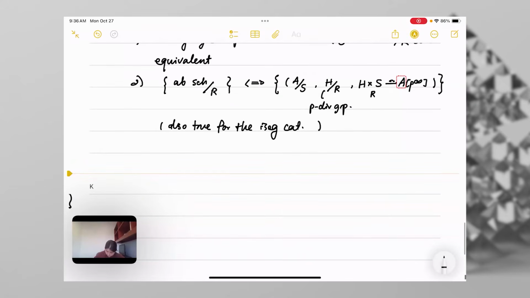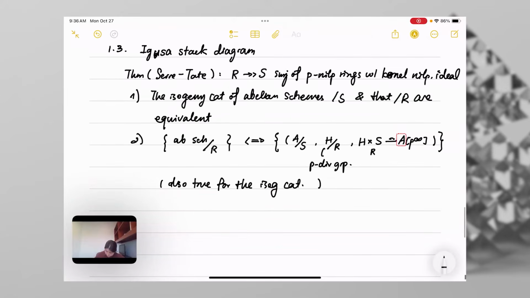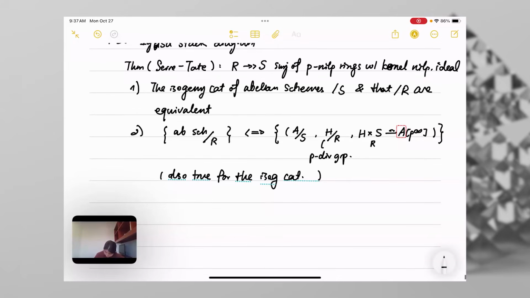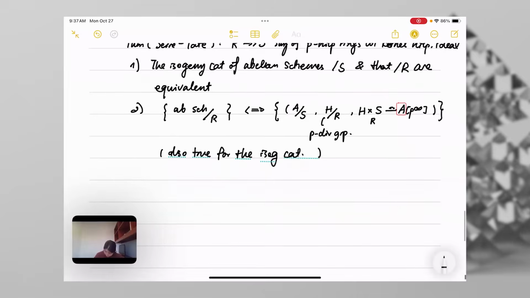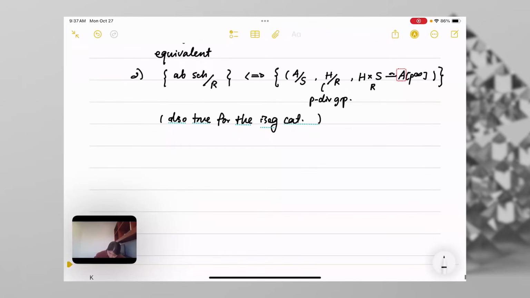So using this result, this Cartesian diagram for Igusa stacks that we want to consider is just a geometrization of this result in terms of their moduli spaces. Having this in mind, it's not hard to make a definition of the Igusa stack, at least on a good reduction locus, which I will denote by an upper circ.